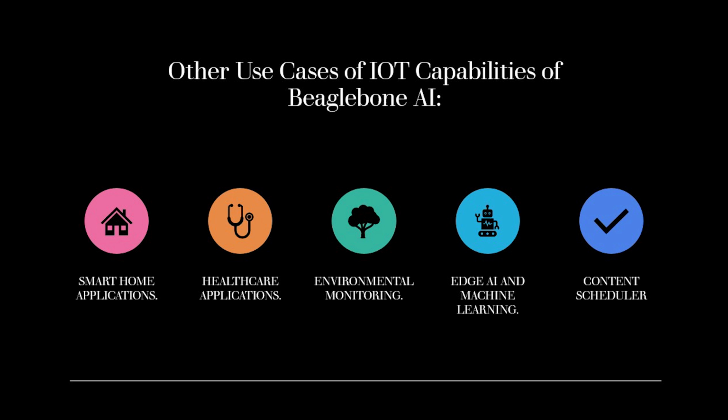We can also make a healthcare application, using the IoT solutions of BeagleBone. We can monitor the patient, or we can track medical equipment and also manage health data as well.